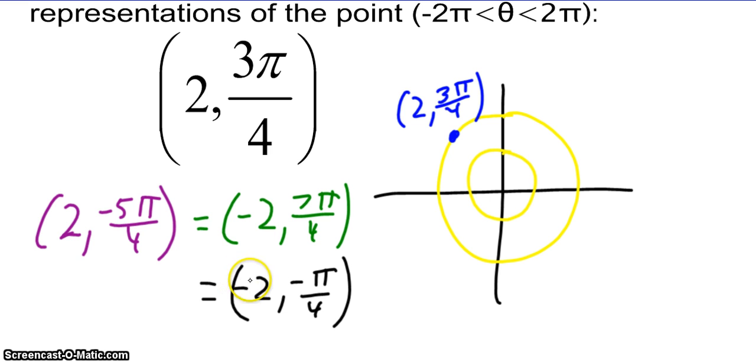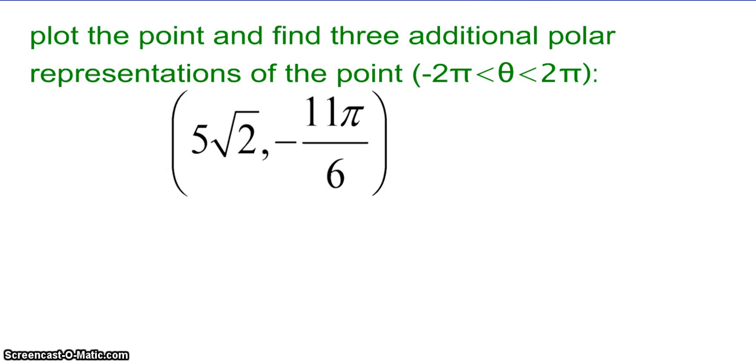So all 4 of these representations, or of these polar coordinates, are the same location between negative 2 pi and 2 pi. Obviously, if we go outside of this domain, then we're going to have many other options. So let's try this again together.